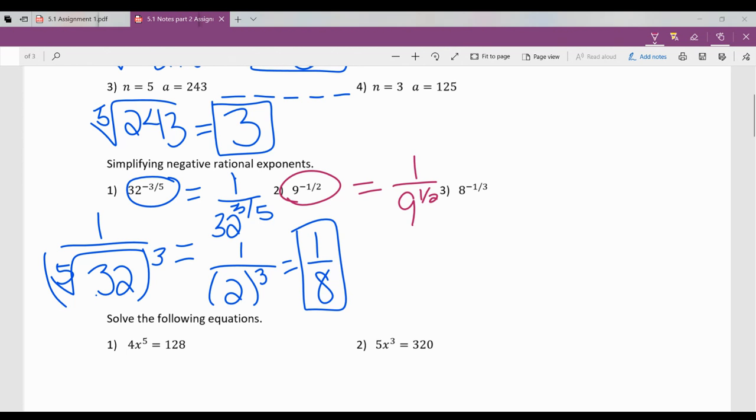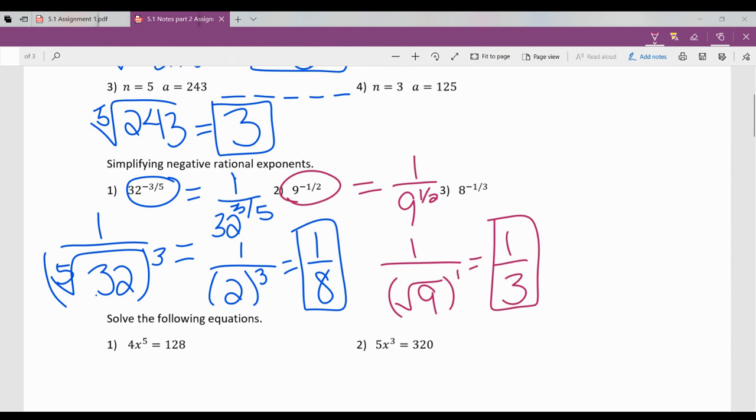Now power over root, it's going to be 1 over the square root of 9 raised to the 1st power. Power over root, this is a square root. So the square root of 9 is 3. 3 to the 1st is 3. 1/3 is my final answer. All right, so you guys try number 3.